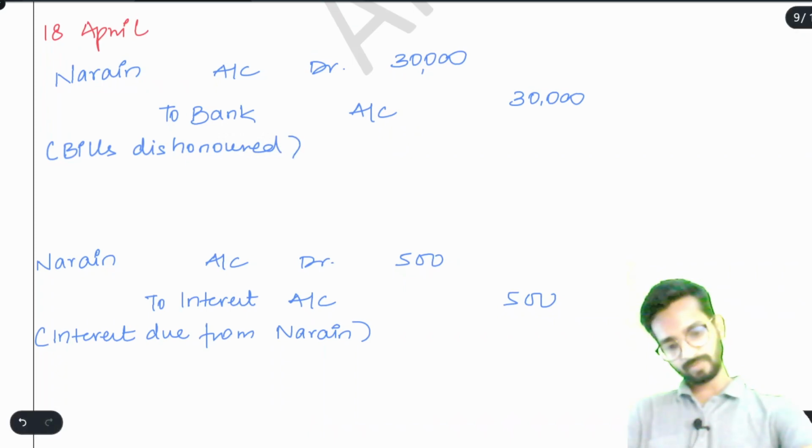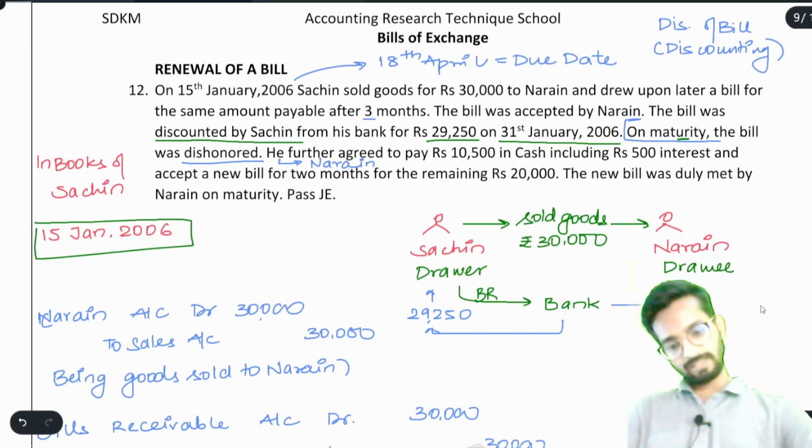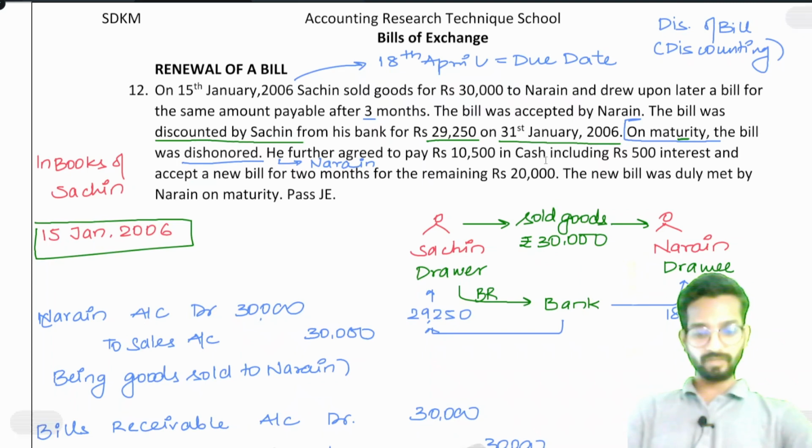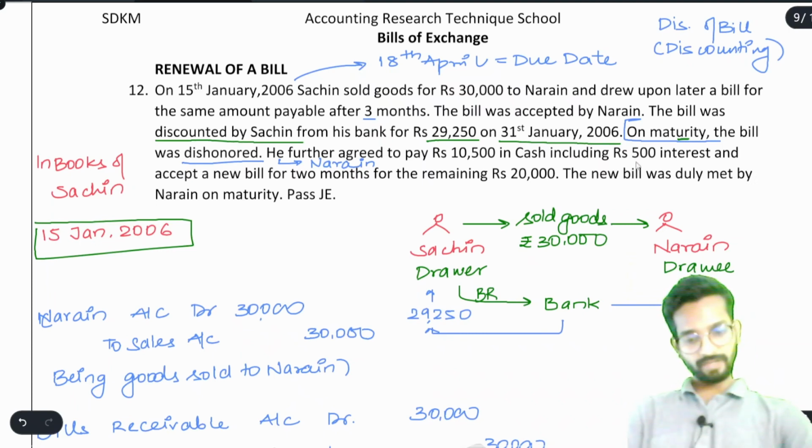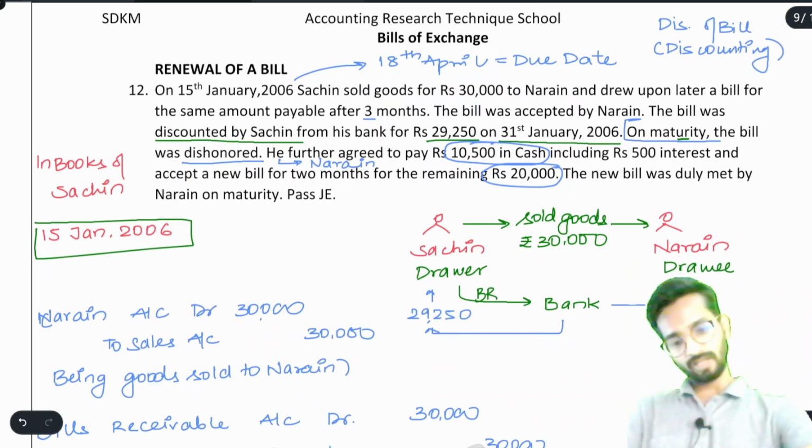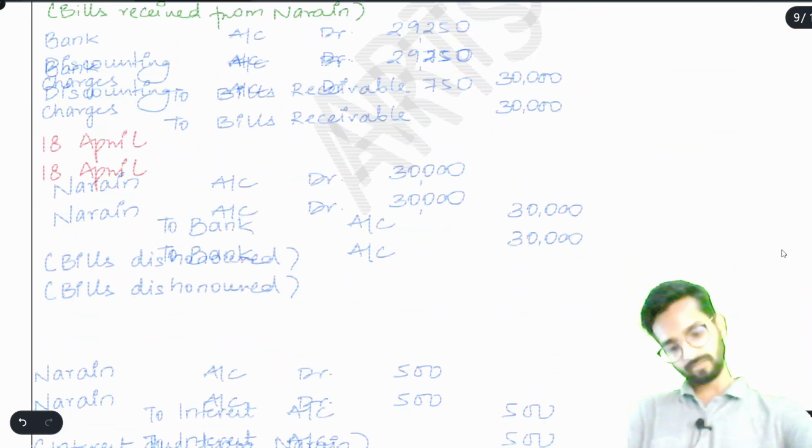Now what will happen? He agreed to pay 10,500 in cash. So we are receiving cash of 10,500 including 500 interest. The 500 interest we have already passed in the entry Narayan to interest 500, and he will accept a new bill for 2 months for the remaining 20,000. So I am receiving cash of 10,500 and a bill of 20,000 rupees from Narayan.